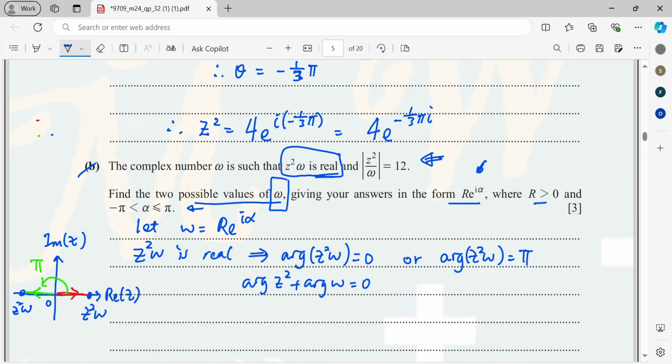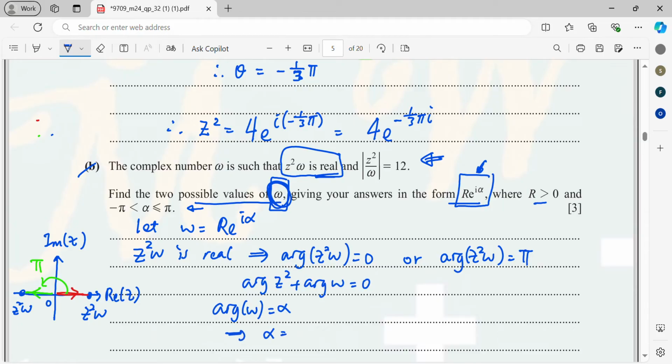Okay, so now when you express w in re^(iα) form, that means the alpha is the argument of w. So it means that argument w equals alpha.